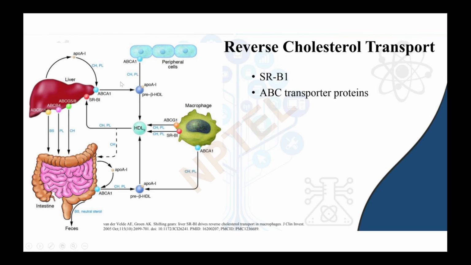The ABCA1 that is present in the liver transports the cholesterol from the liver to the HDL2. So it is a back and forth mechanism. The movement of cholesterol towards the liver is reverse cholesterol transport. Movement of cholesterol from the liver to the extrahepatic tissue is the cholesterol metabolic pathway, because the liver synthesizes the cholesterol and then it is transported to different lipoproteins.